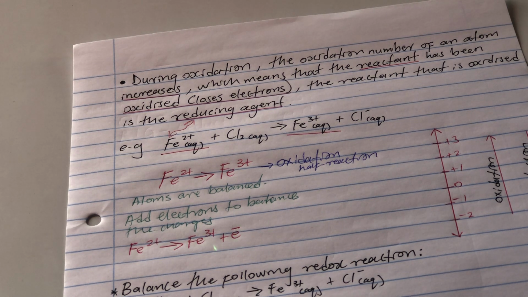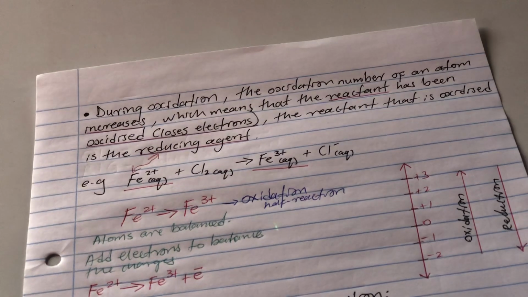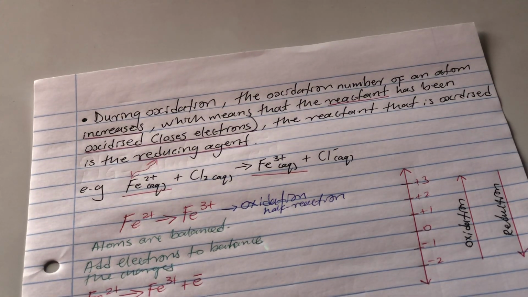If you check now, 3 plus 1 minus, we get 2 plus, which is balanced to the one on the side of the reactant. So this is our oxidation half reaction.